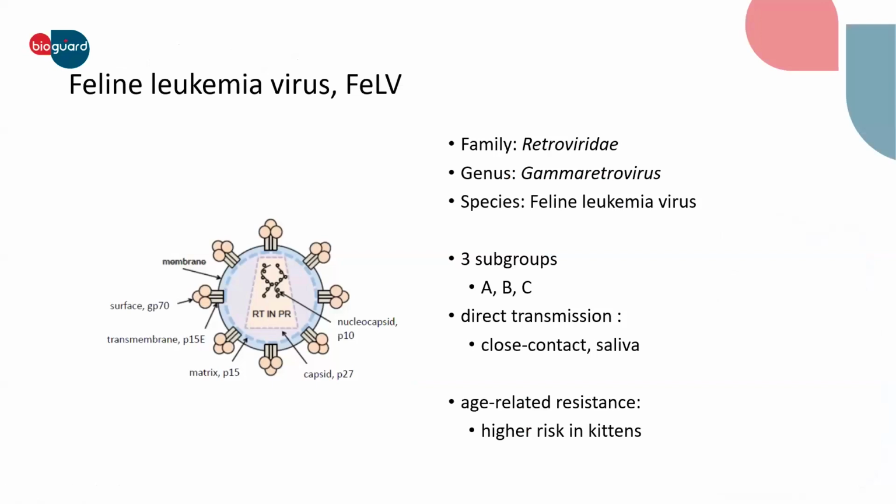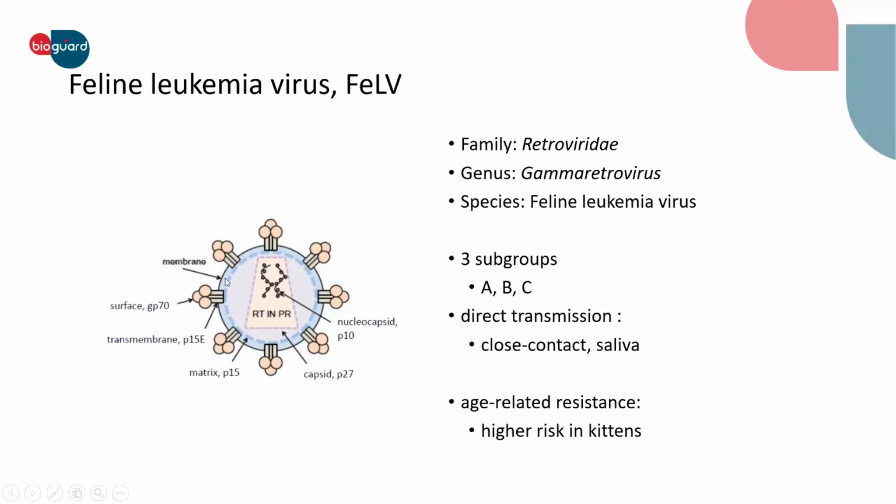Actually, right now there are more than 3 subgroups, but most of them belong to subgroups A, B, and C. It usually transmits through direct, close contact through saliva, like grooming. And usually kittens are at higher risk, while adult cats are more resistant to FeLV infection.